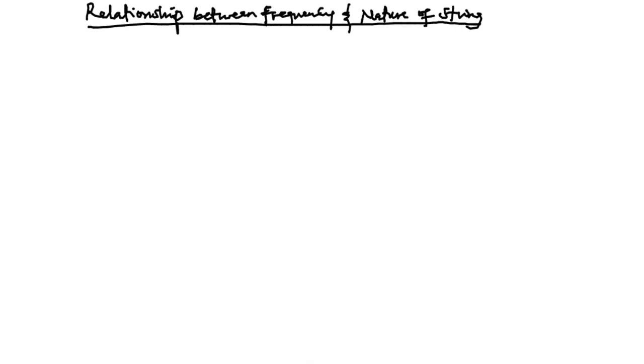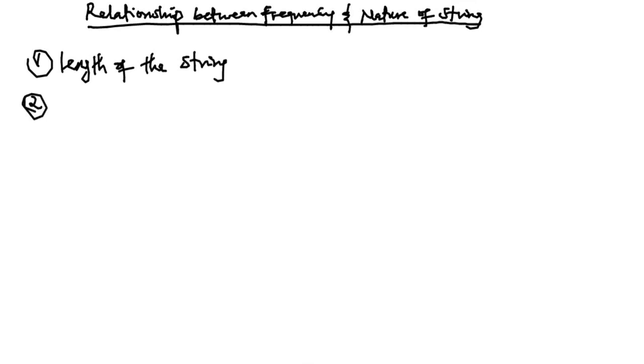Okay, so we are going to now look at the relationship between the frequency of a vibrating string and the nature of the string. There are three natures that we want to look at. The first one is the length of the string.